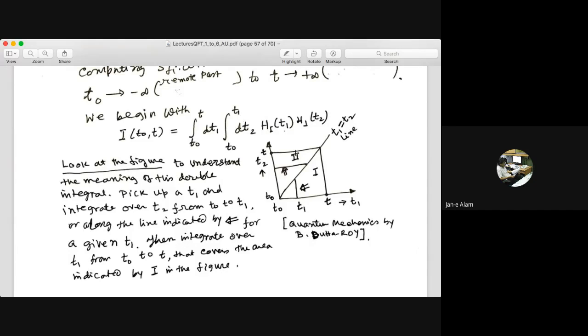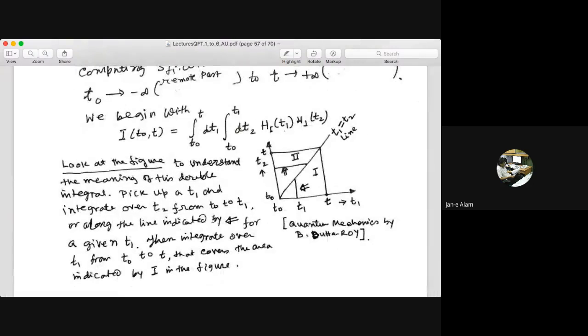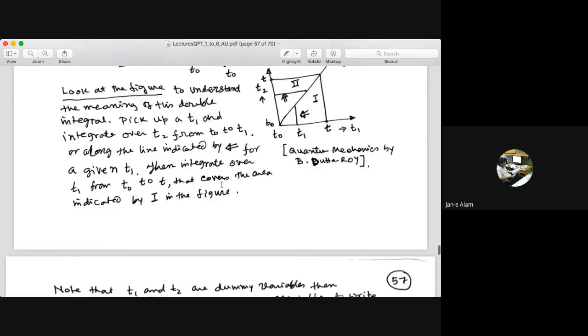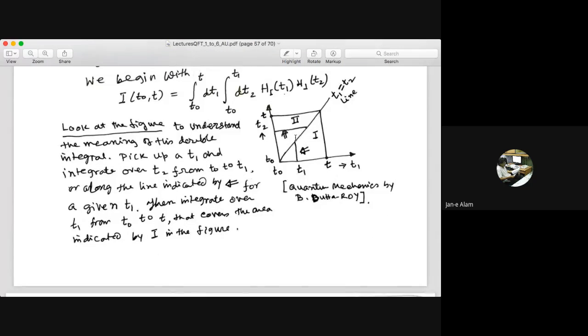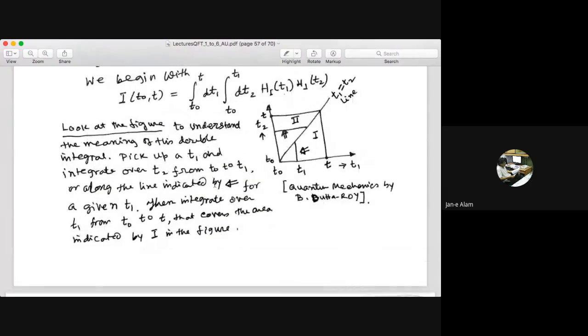Now again I argue that I can just interchange T1 and T2 and get T2 first and T1 second, because that should also be valid, since in this integration T1 and T2 are dummy variables. So while integrating, you pick up a T2 and integrate over T1 from T0 to T. If you do that, you will cover the upper triangle, and earlier you covered the lower triangle.